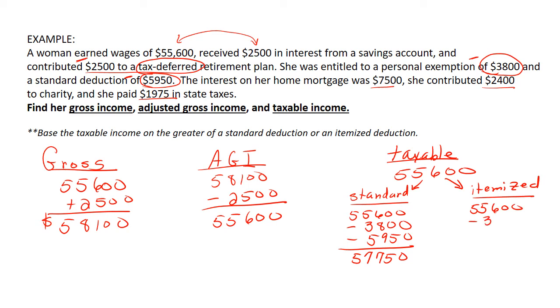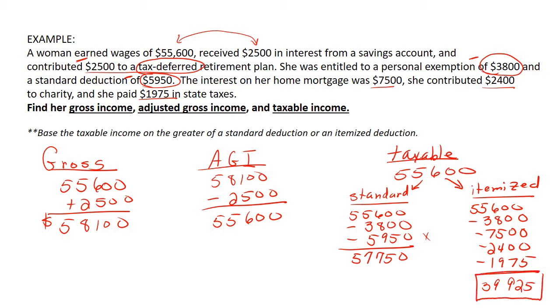We can still subtract the personal exemption that she had, but instead of the standard deduction, we won't take that this time. We will subtract her itemized deductions, which is $7,500 of mortgage interest, $2,400 given to charity, and $1,975 that she paid in state taxes. Now in this case, when we subtract, her taxable income is $39,925. Her preference would be to go with that lesser amount.